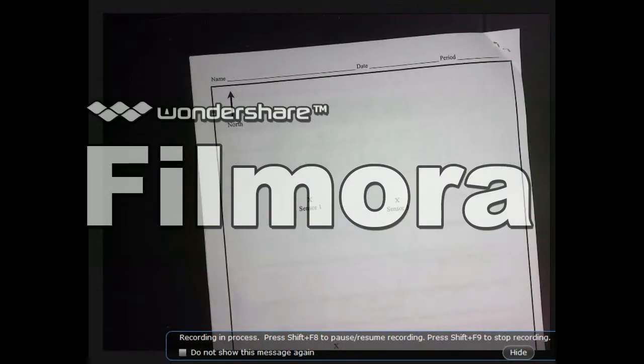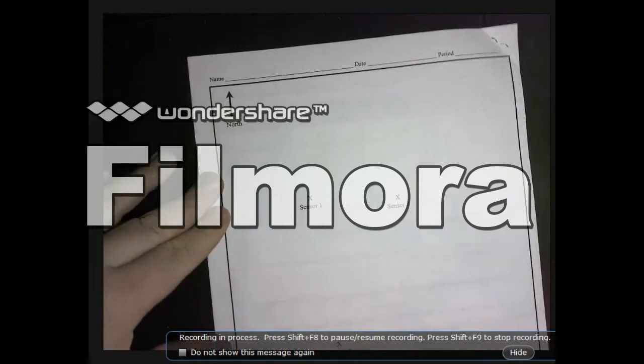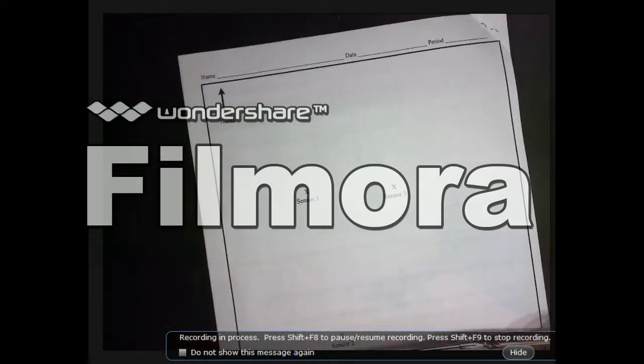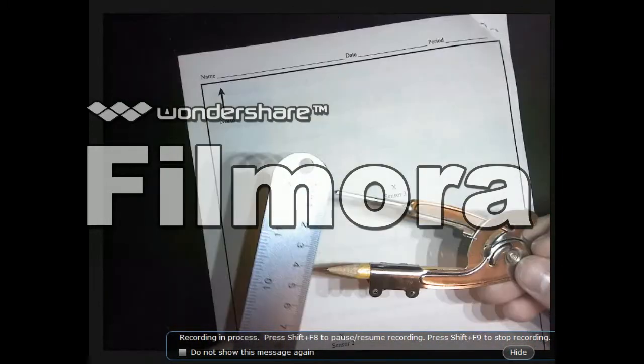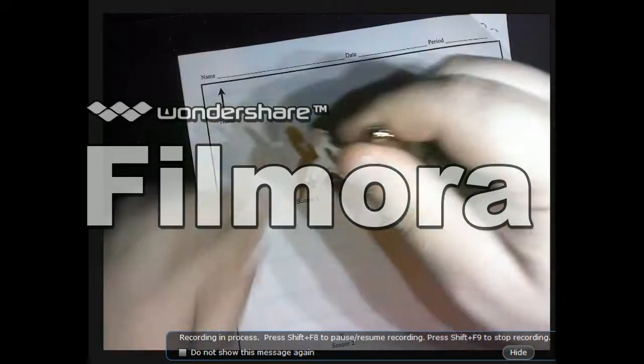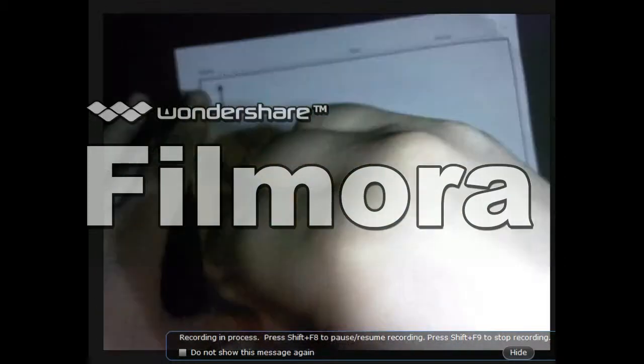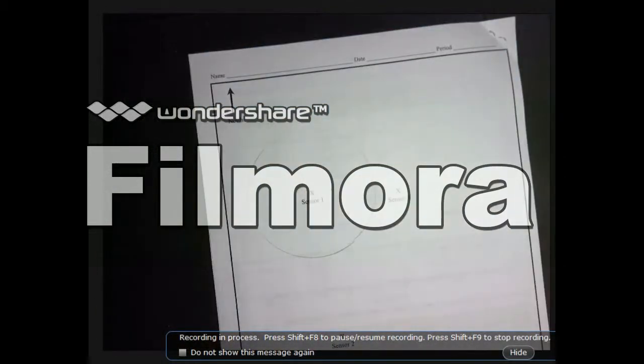So, next step, set your compass to the correct measurement for a particular station and create a circle around that station like so. Continue this for the next steps.